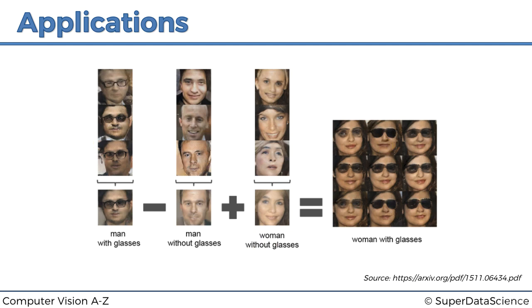And similar results have already been seen in the space of text, where a very famous example is if you use neural networks to represent words as vectors, and then you take king and subtract man and add the word woman, then you get something close to a queen.